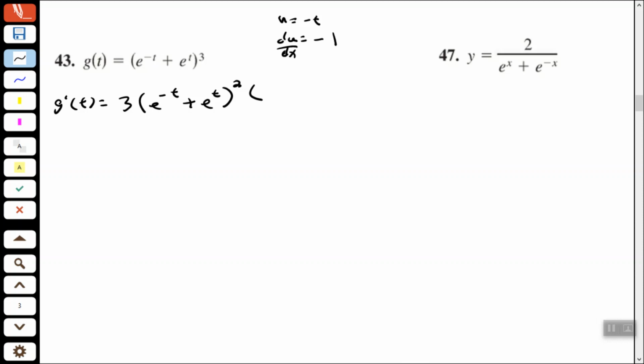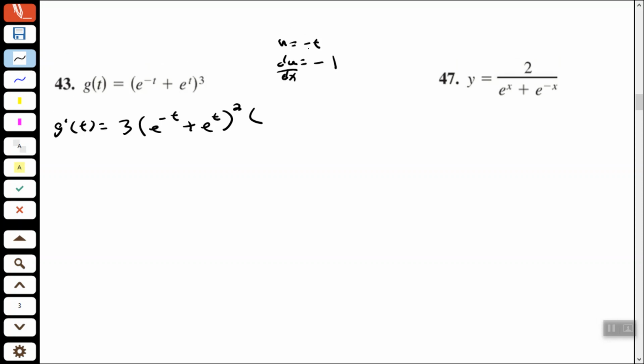Okay, so the derivative says that it will be e to the u times du over dx. So e to the u will be e to the negative t times du over dx, times -1. So that would just become e to the negative t times -1.